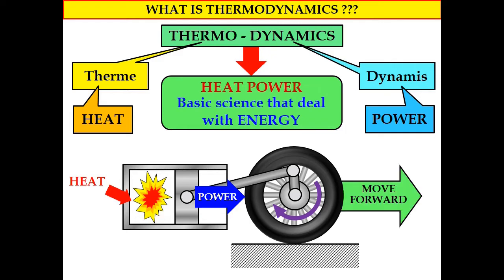So this is an example of a thermodynamic system, which involves heat and also power. Any system that involves heat and then produces power or work, we consider as a thermodynamic system.